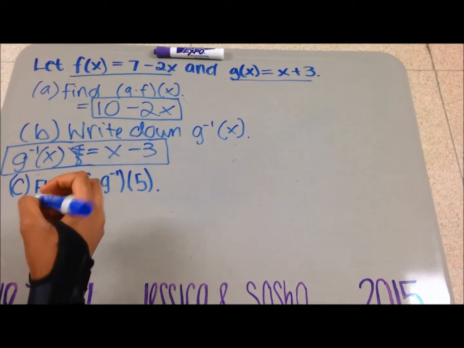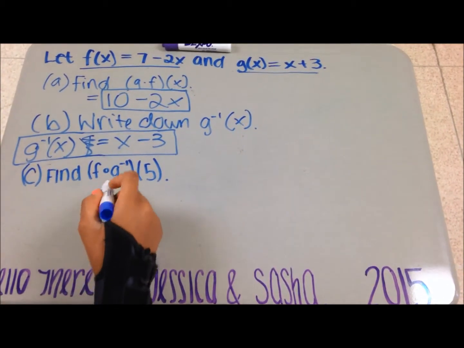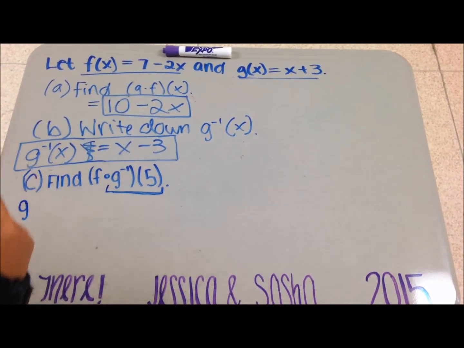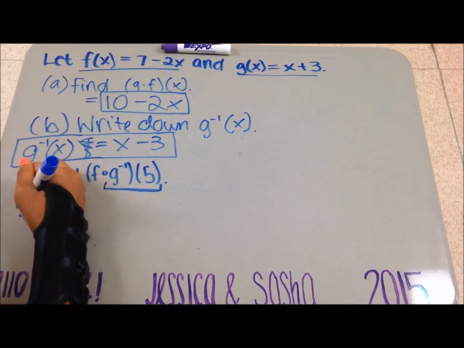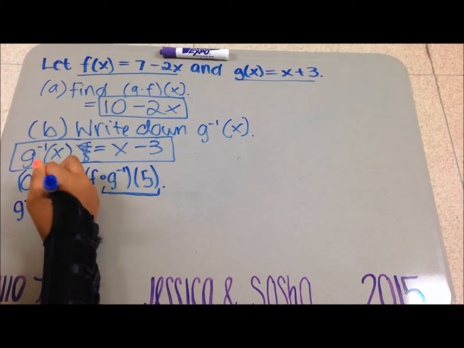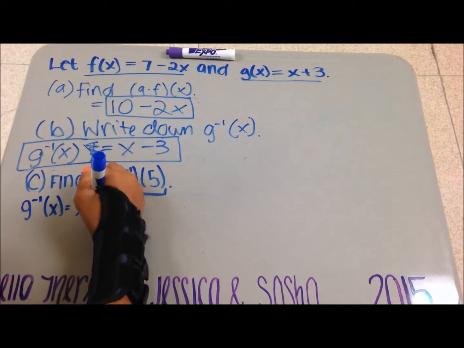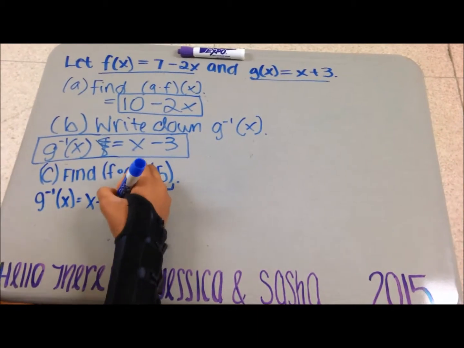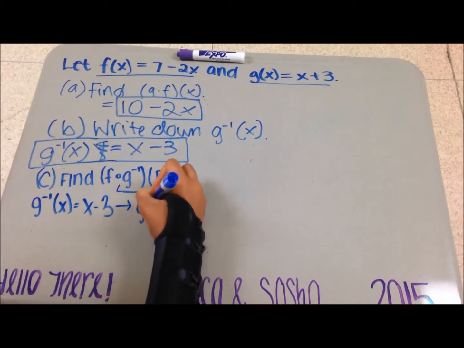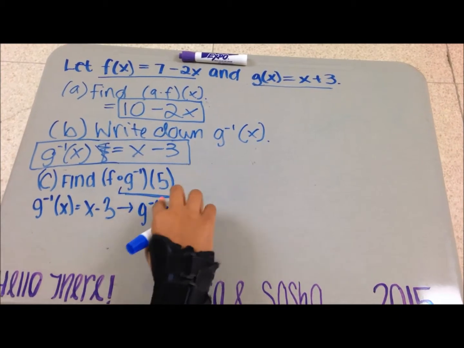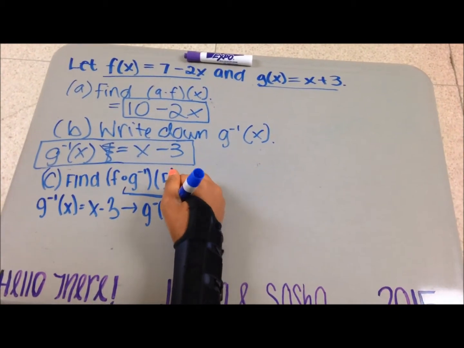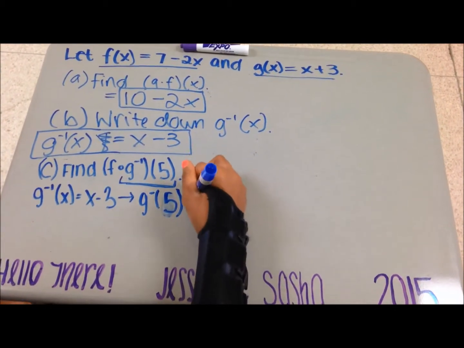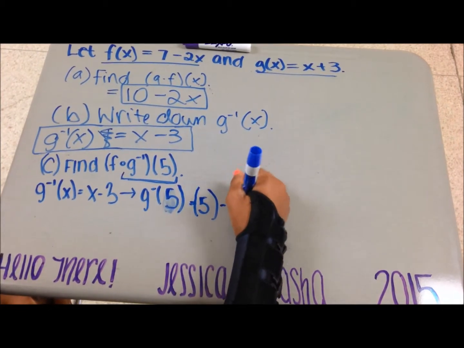Sure. To start off, we're going to find the inverse of g of 5. We already found the inverse of g of x in part B, which was x minus 3. We're going to substitute 5 in for the x value, so the inverse of g of 5 equals 5, which we're substituting in for the x, minus 3.